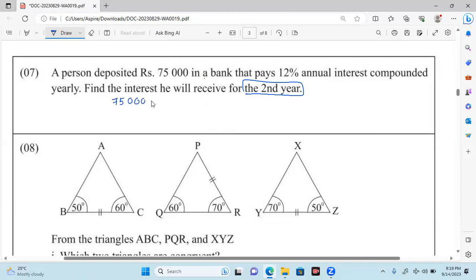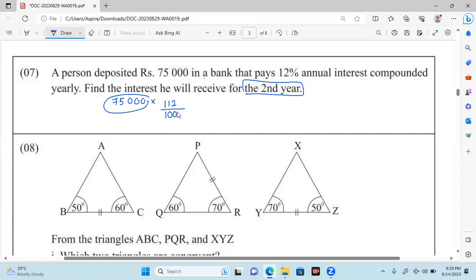Then first of all, we have to identify the amount that will be in the account at the end of the first year. That means if we deposit 100 rupees, then we can obtain 112 rupees. Okay, with this 100, 112 rupees can be obtained.